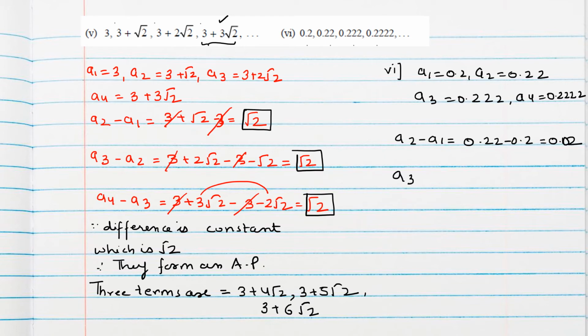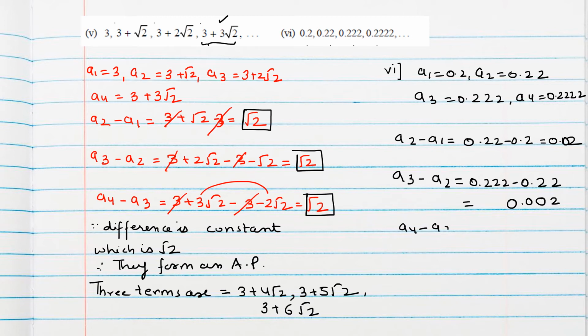Now A3 minus A2, that means 0.222 minus 0.22, which will give the difference 0.002. Okay, here 0.02, here 0.002.